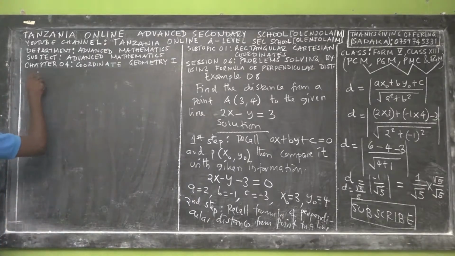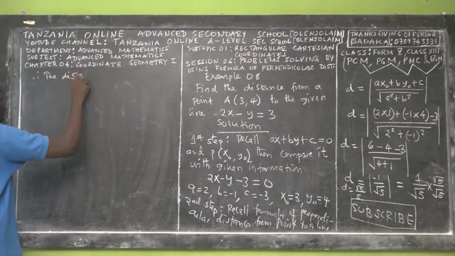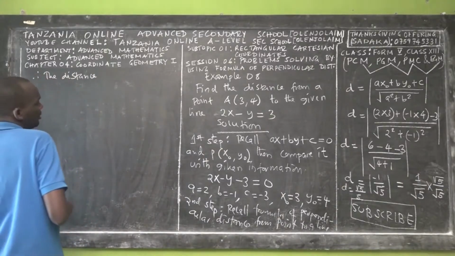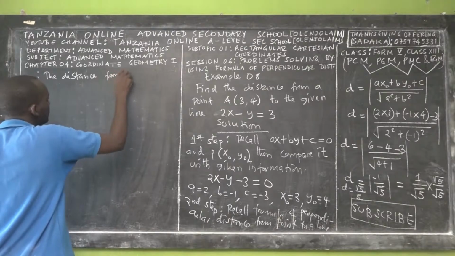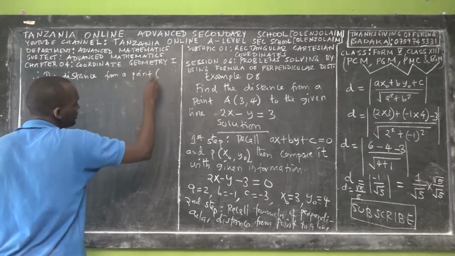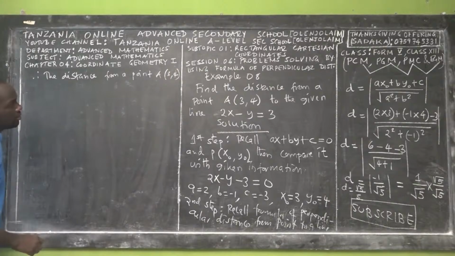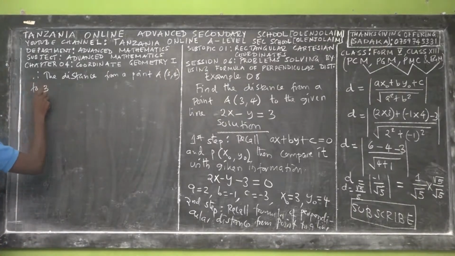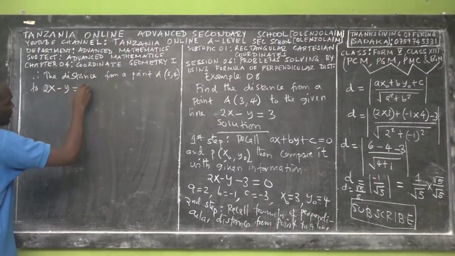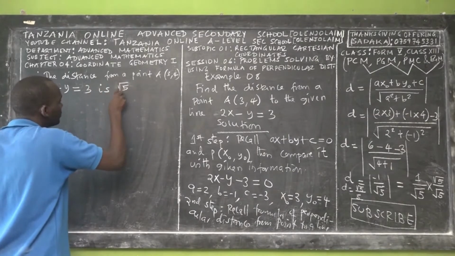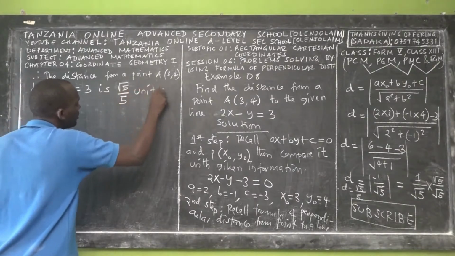So therefore, the distance from the point A of (3, 4) to 2x, and that's y is equal to 3, is square root of 5 over 5 units.